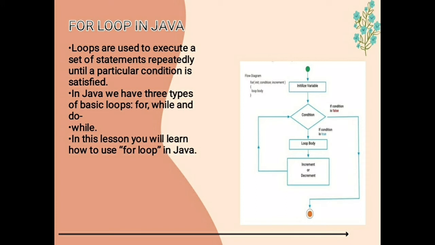Second, the condition is evaluated. If the condition is true, the body of the for loop is executed. Third, the update expression updates the value of initial expression. And fourth, the condition is evaluated again. The process continues until the condition is false.